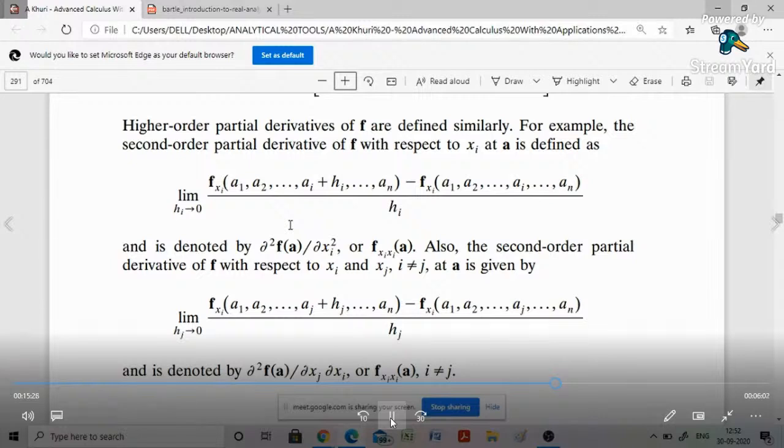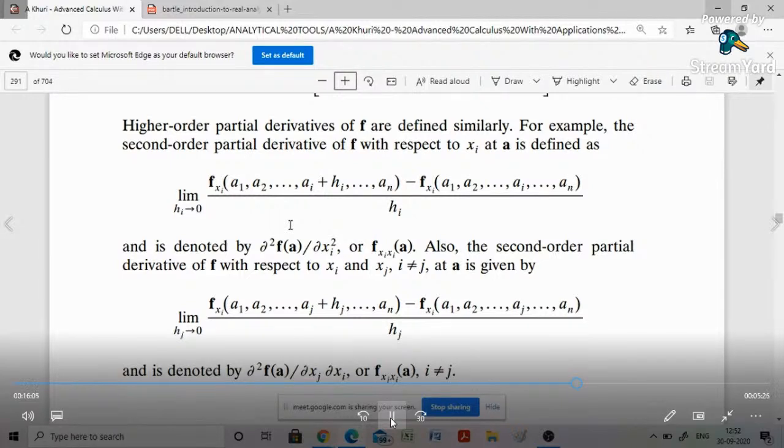So limit hj tends to 0, fxi, that is the first partial derivative, at (a1, a2, etc., aj + hj, etc., an) minus fxi at (a1, a2, etc., aj, etc., an). Note that the difference is taken with respect to xj, so aj + hj comes in the first function, and aj only in the second term, divided by (aj + hj) minus aj, that is hj.